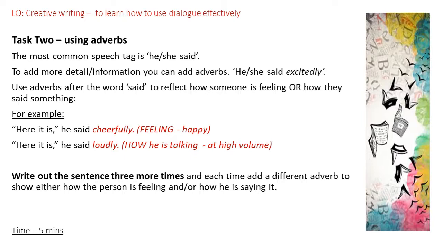So please write out the sentence 3 more times, and each time add a different adverb to show either how the person is feeling, so happy, sad, angry, disappointed, and so on, or how he is saying it, so loudly or softly or very, very quietly. So think about adverbs to show how the person is speaking. So please pause the video for about 5 minutes to do that now.